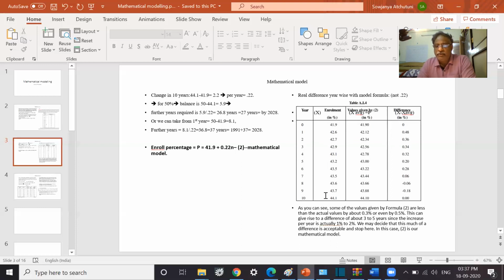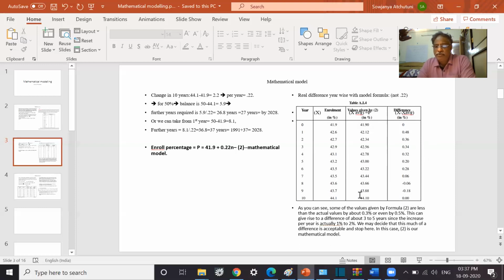This formula was arrived at based on the 10th year and the first year, but there is a difference. If I add all these differences, x minus x average, this is as per the formula and this is the actual situation, there is a difference. Some of the values in the formula are less than the actual values by 0.3%.